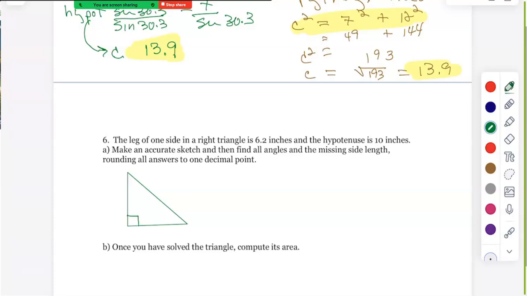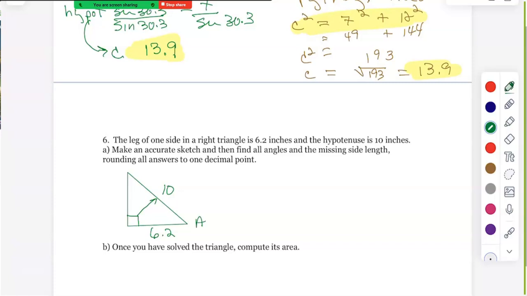I made my leg down here. You can make it the vertical leg. You just cannot make it the hypotenuse because they told you the hypotenuse, which is across from the box, is 10 inches. Make an accurate sketch. I would reread this, make sure it looks like this, and then find all angles and all missing sides.